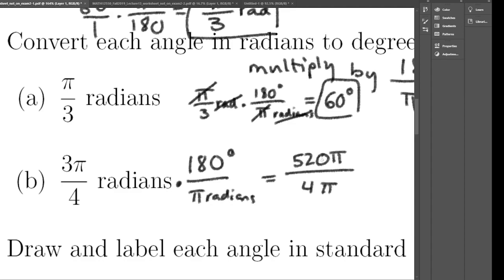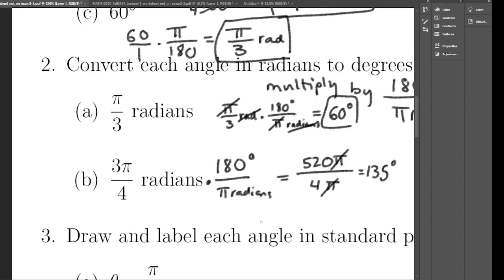And then you can just simplify this. Divide 540 by 4, which you could use a calculator to do, and the pi's are going to cancel. Or you could even go into a calculator and put 540 pi divided by 4 pi, and because the pi's cancel, it'll tell you it's exactly 135. Though you'll have to remember that your new angle is in degrees. So that's a different way to do it.